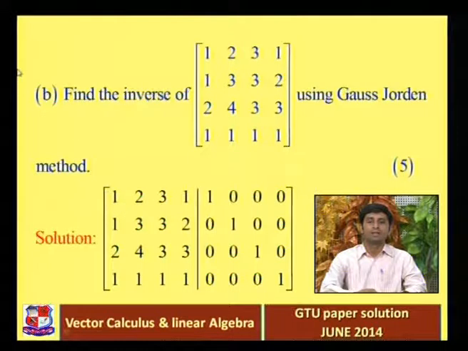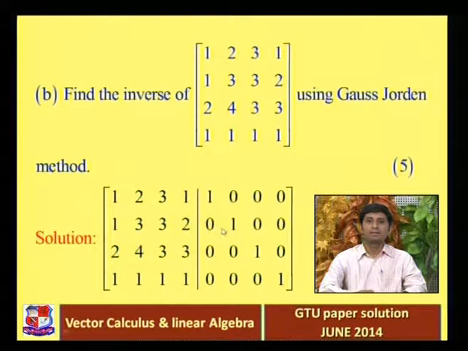So how do we solve this example? See, using the Gauss-Jordan method, if you want to find the inverse of any matrix, we first write down on the left hand side the given matrix, our original matrix, and on the right hand side we write down the identity matrix of the same size as the given matrix, right?